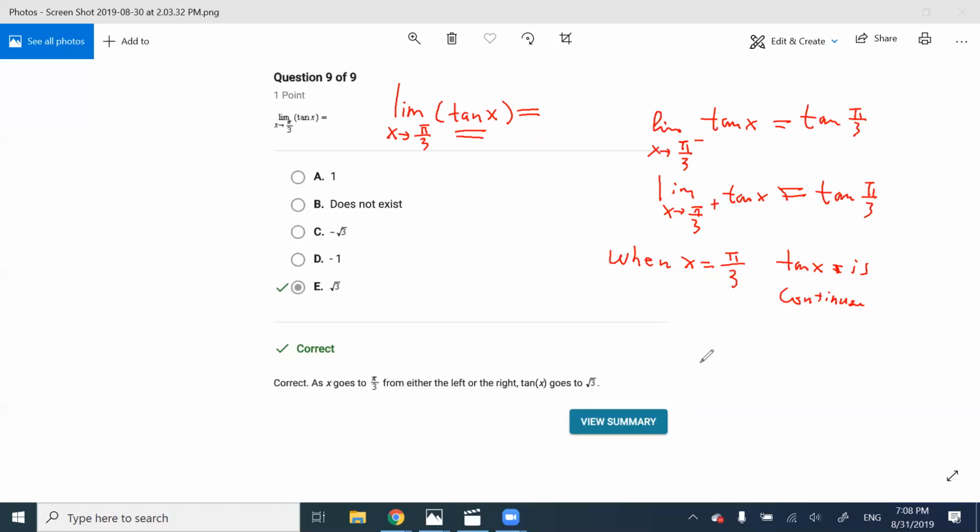Of course, pi over 3 means how many degrees? 60 degrees, like that. So for tangent 60 degrees, you can use what? Special triangle, the 30-60-90 triangle. Of course, you can use a calculator. But when you use a calculator, you don't get an accurate answer. They just give you a decimal estimation, right?